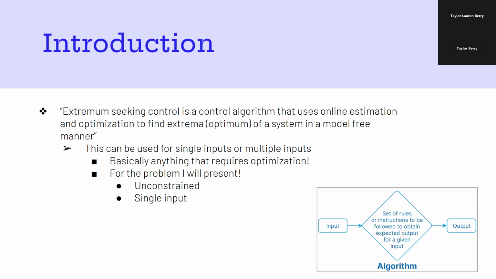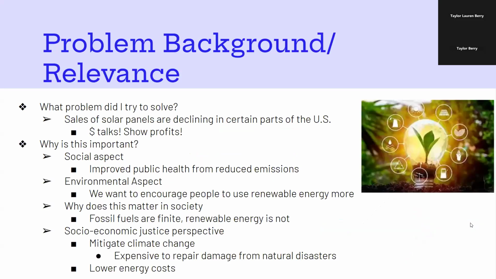Since it is just me and I'm an undergrad, I decided to do a single input problem, which of course has to be unconstrained. So just a little bit of background and relevance. I decided to take the solar panel route since that seemed the most interesting to me.